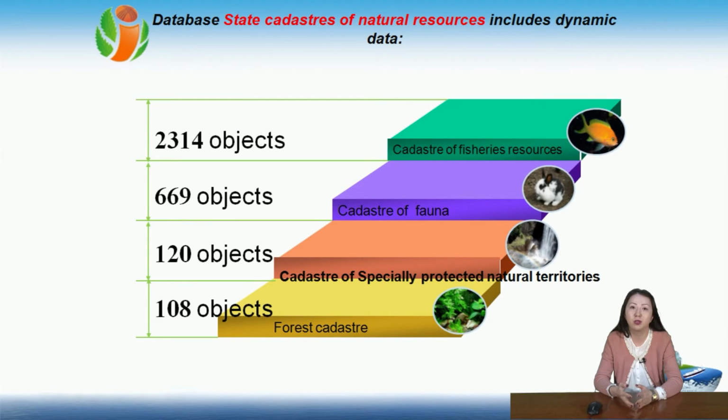Then the cadastre of specially protected natural territories, which includes 120 objects. And third, for forest resources, we have the forest cadastre, which includes 108 objects. These are the cadastres we have.